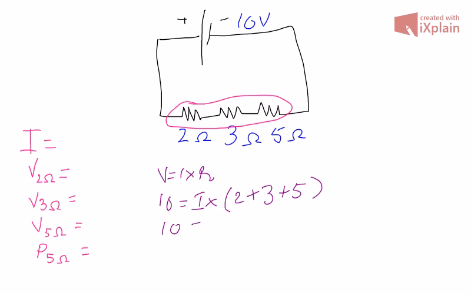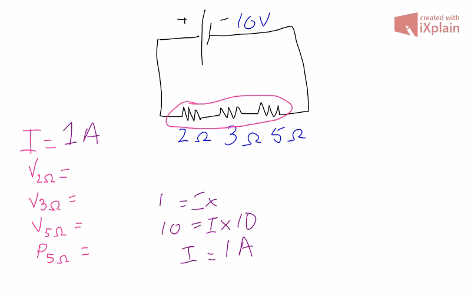So we have 10 volts equals current times 10 ohms, which leaves the current equal to 1 amp, or ampere. At this point, I hope that you are all comfortable with the calculations for the current.